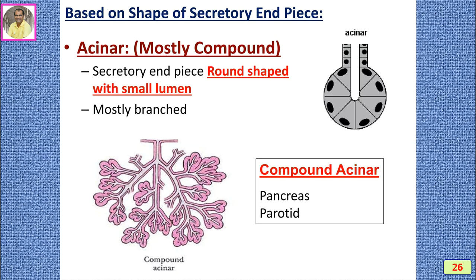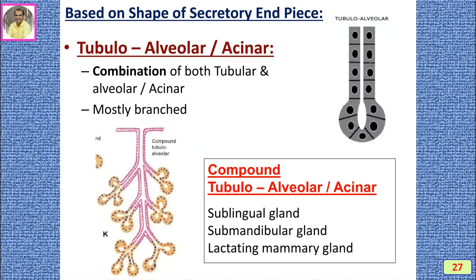Based on the shape of the secretory piece, there are also tubulo-alveolar or tubulo-acinar glands, a combination of both tubular and alveolar or acinar, mostly branched. Compound tubulo-alveolar or acinar glands include the sublingual gland and submandibular gland, and the lactating mammary glands are the ones.